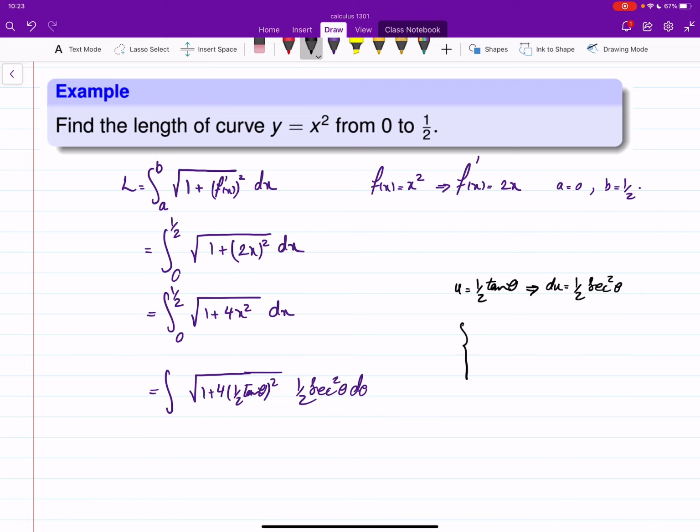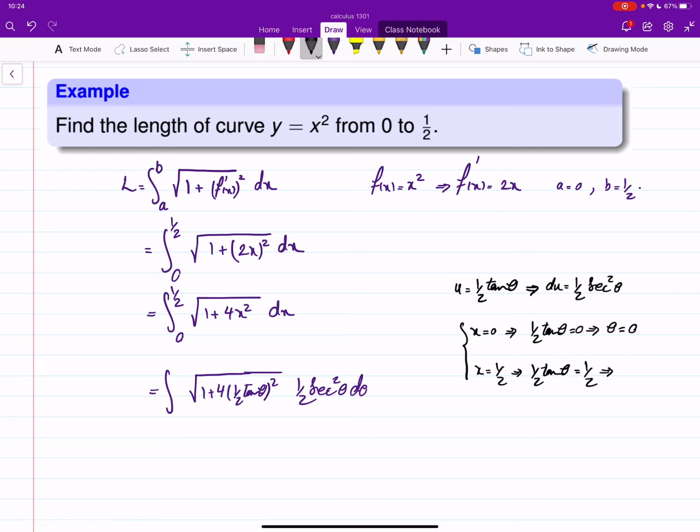Okay, so here, if x is 0, then half of tan theta is going to be 0, so then theta is going to be 0. Well, here you have to choose the theta which is in the range of tan inverse, and if x is half, then half of tan theta equals half.